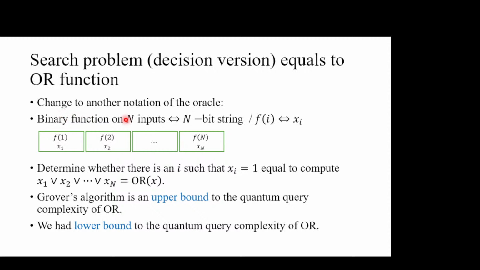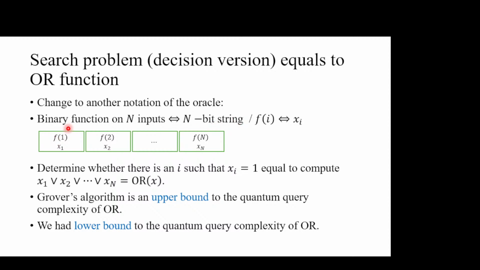Remember we said before that we can always think about a correspondence between a binary function on big N inputs, and we can think about the truth table of this function as just a big N string.